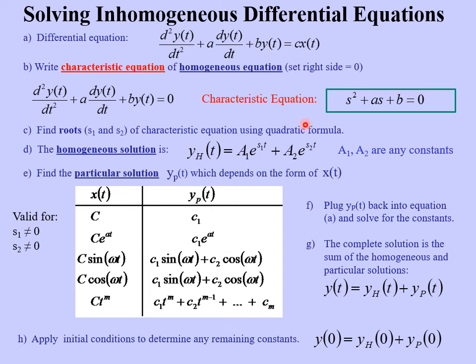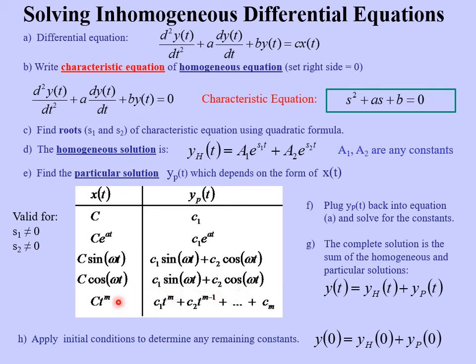All right. Now, what if the driving function over here on the right is equal to a sine or a cosine? Well, what we have to do is the particular solution must include both. So notice if we have a sine here, we have a sine plus a cosine, and they each have their own coefficients. Likewise, if we just have a cosine over here, we still have to use both sine and cosine.